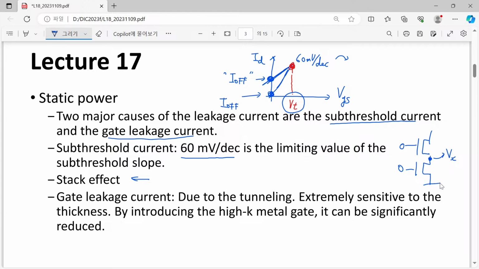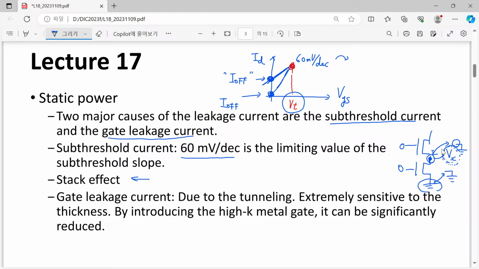Compared with the lower MOSFET, whose source is grounded and also substrate is grounded, so we don't have any difference between source voltage and substrate voltage, in this case our body is still grounded but the source is at an elevated voltage, so we have some difference between its source and substrate.